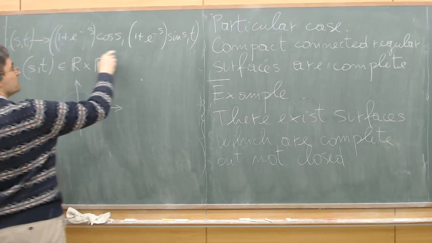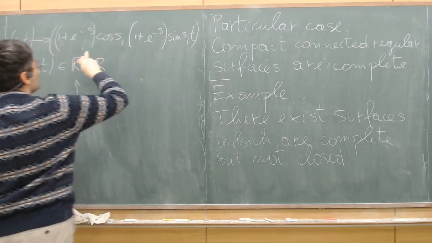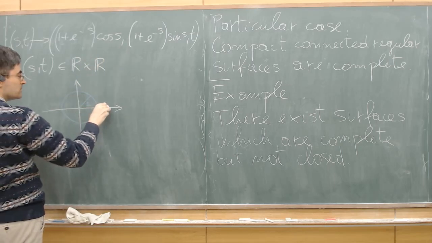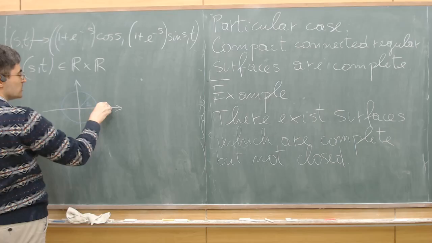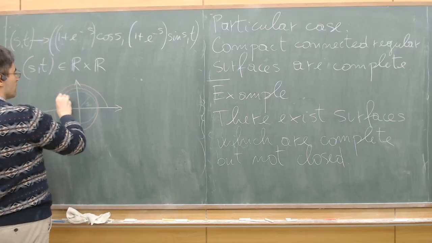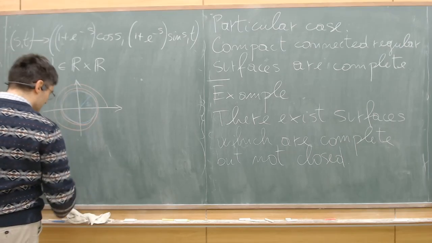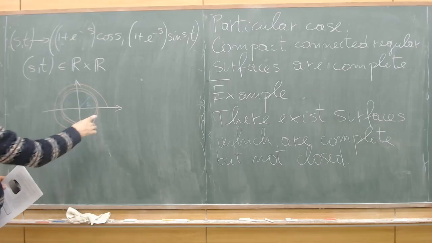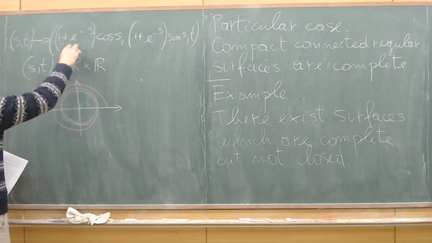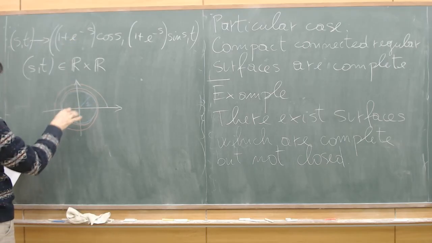then if you for a moment drop t and you look at the first two components of this map, you get a function whose image is the red line. Sorry, my picture is not very good. So it's a spiral converging toward the unit circle. And this surface here is the cylinder over this curve.